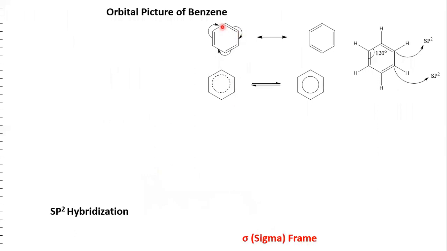Next, these are the different resonating structures involved. So how to draw these structures? You know, this benzene molecule you can draw. This bond can shift over here, this can shift over here, and this can shift over here, which gives the second resonating structure. Now here you can see I have drawn a benzene ring showing every carbon atom bonded to a single hydrogen atom, and every carbon is an sp2 hybridized carbon.